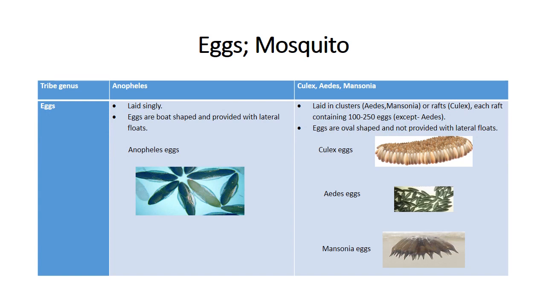You may see such eggs in slides also. The Anopheles larvae are surface feeders and you can see with naked eyes the larvae of various species of mosquito like Anopheles, Culex and Aedes. Slides of such larval stages are also there.